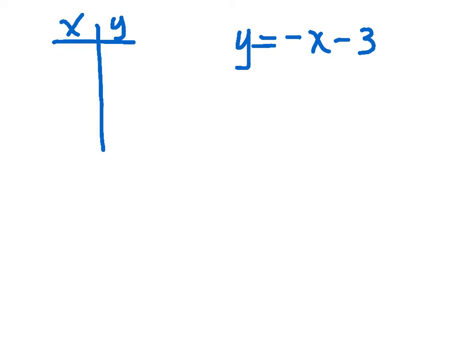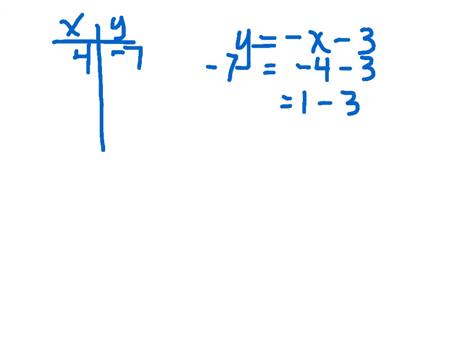Here, when x is 4, the opposite of x would be negative 4, minus 3, and that equals negative 7. So when x is 4, y is negative 7. The next one, when I plug in negative 1, the opposite of negative 1 is positive 1. Minus 3 is negative 2. So when x is negative 1, y is negative 2.